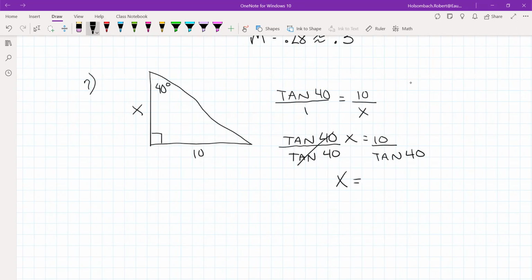Our X is equal to 11.9. These last 5 problems, we're rounding them all to the nearest tenth.